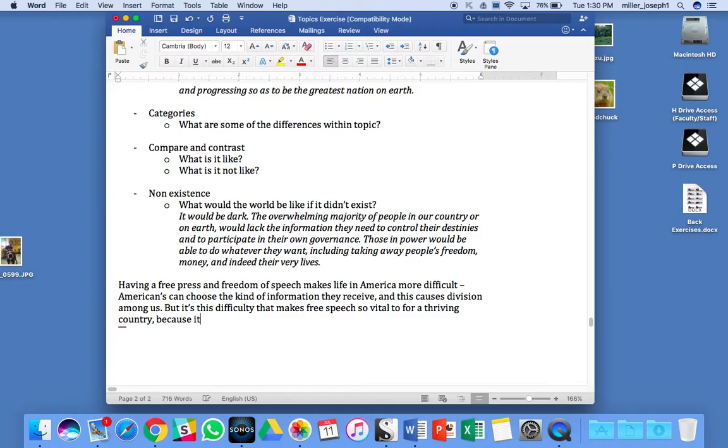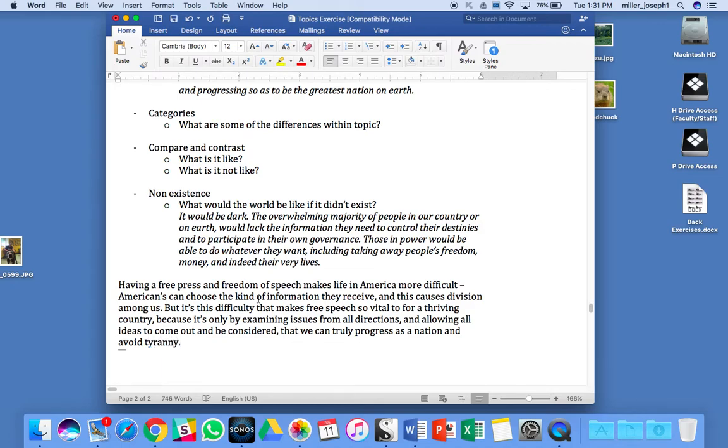Because it's only by examining issues from all directions and allowing all ideas to come out and be considered that we can truly progress as a nation and avoid tyranny.